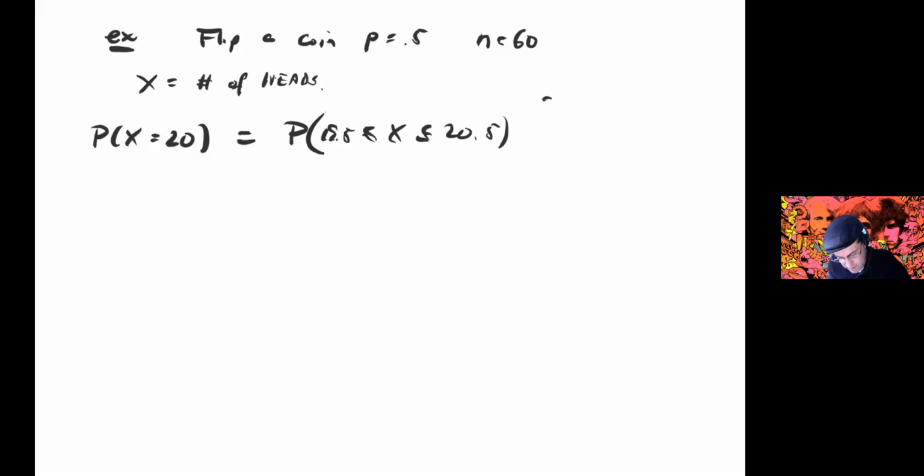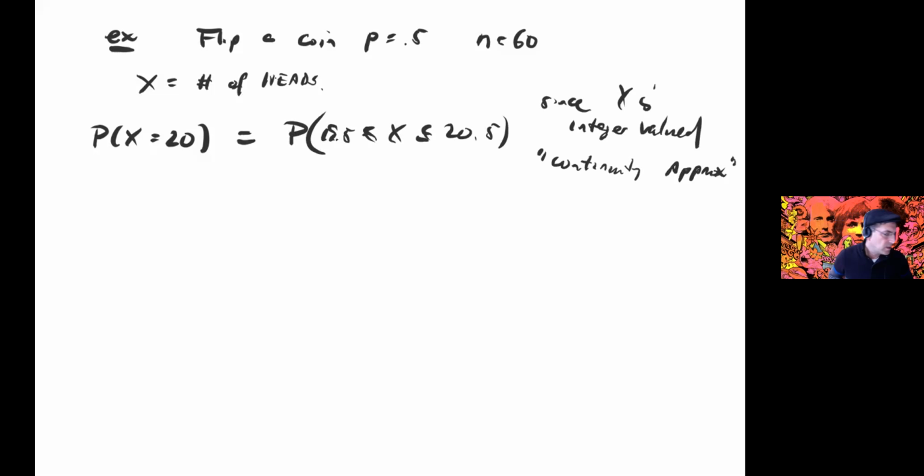So since X is integer valued, this doesn't change anything. This is called the continuity approximation.